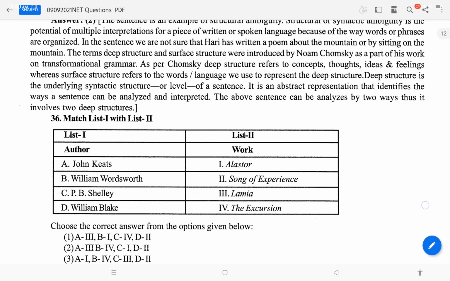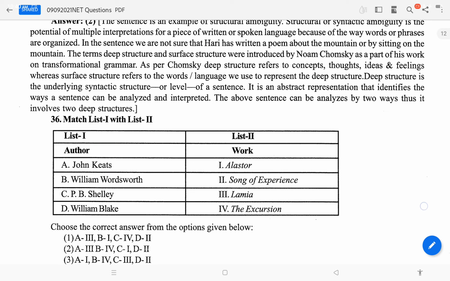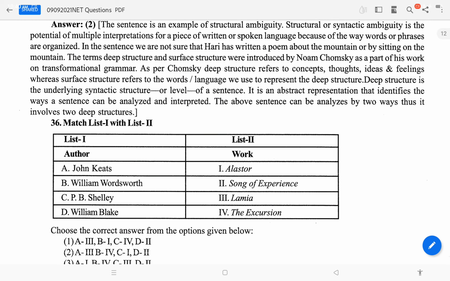Deep structure is the underlying syntactic structure or level of a sentence. It is an abstract representation that identifies the ways a sentence can be analyzed and interpreted. The above statement can be analyzed in two ways, thus it involves two deep structures.